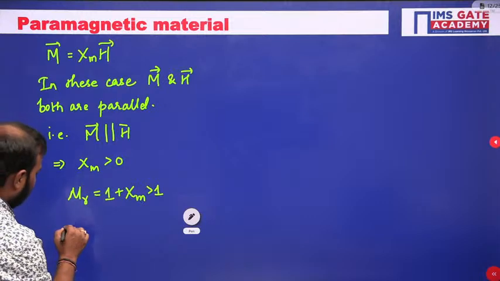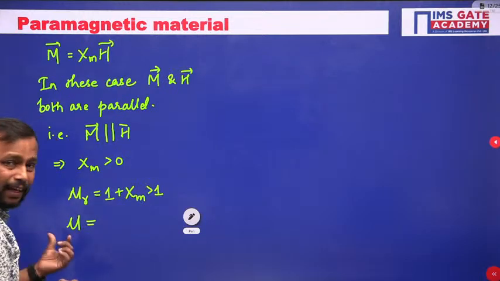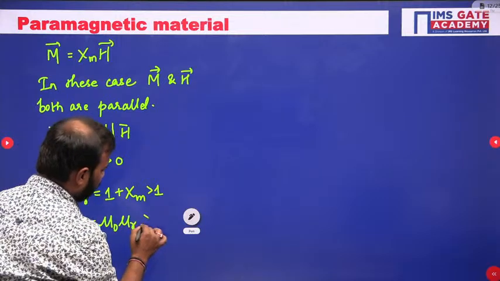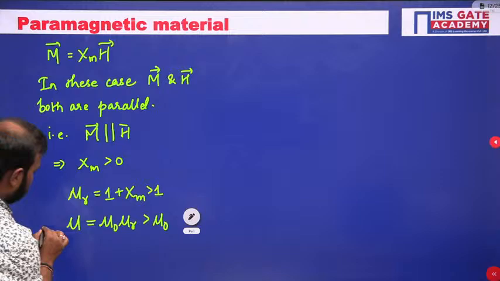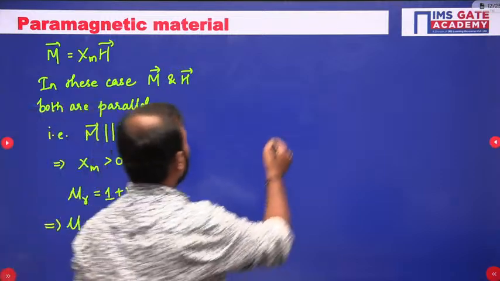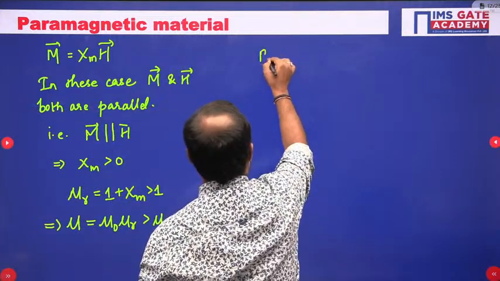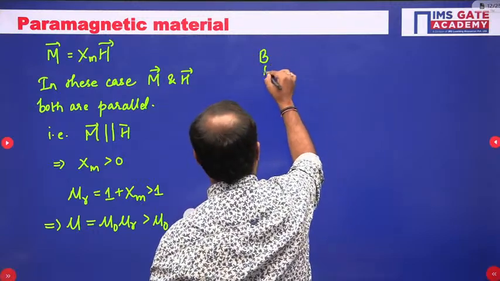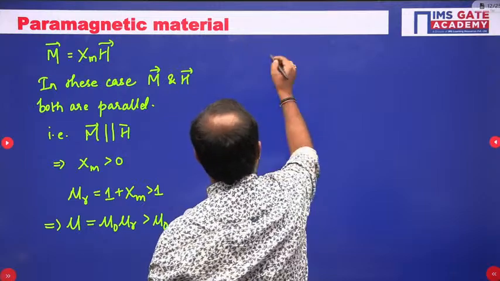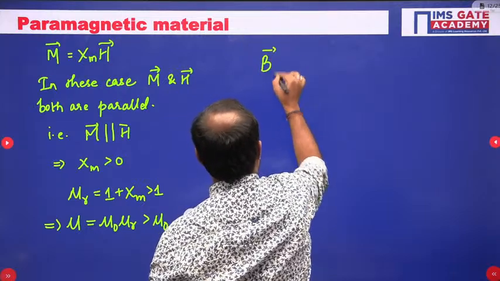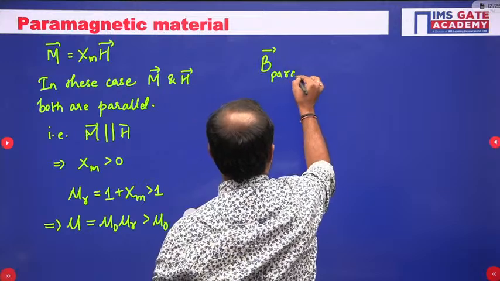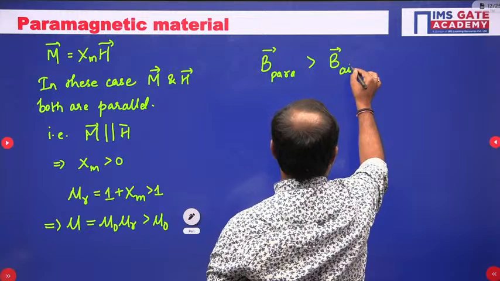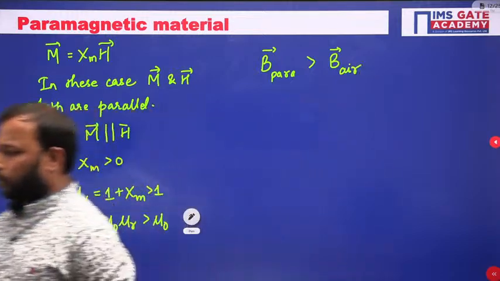So my dear friend, mu of a material, which is equal to mu naught into mu R, is going to be greater than mu naught. So we can conclude that the magnetic field density of a paramagnetic material is going to be greater than the magnetic field density of air. Any doubt in this?